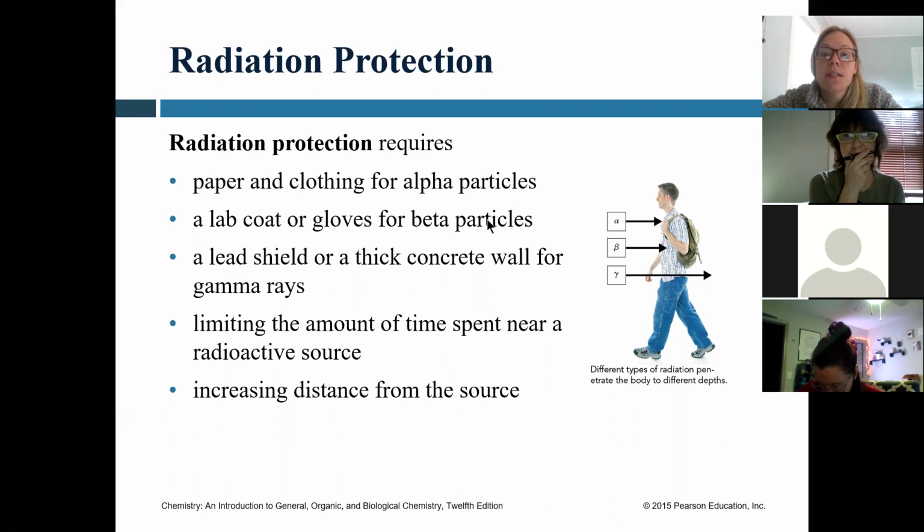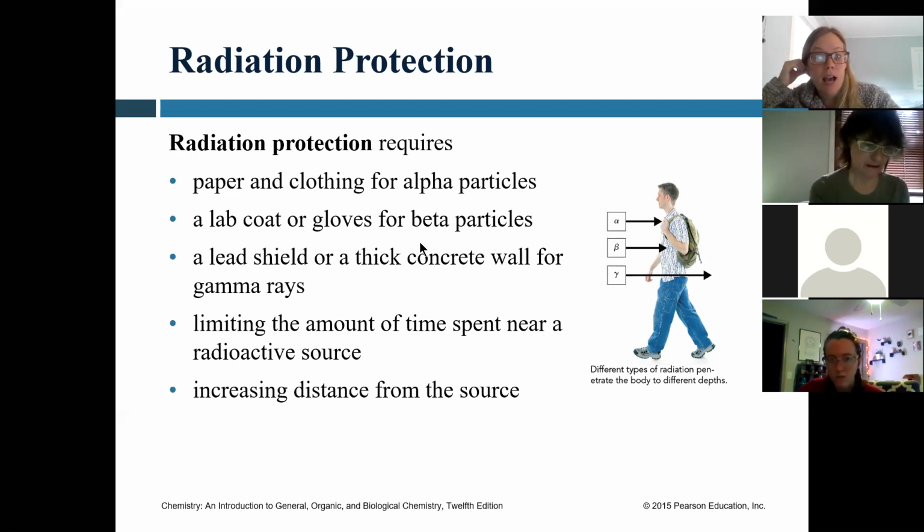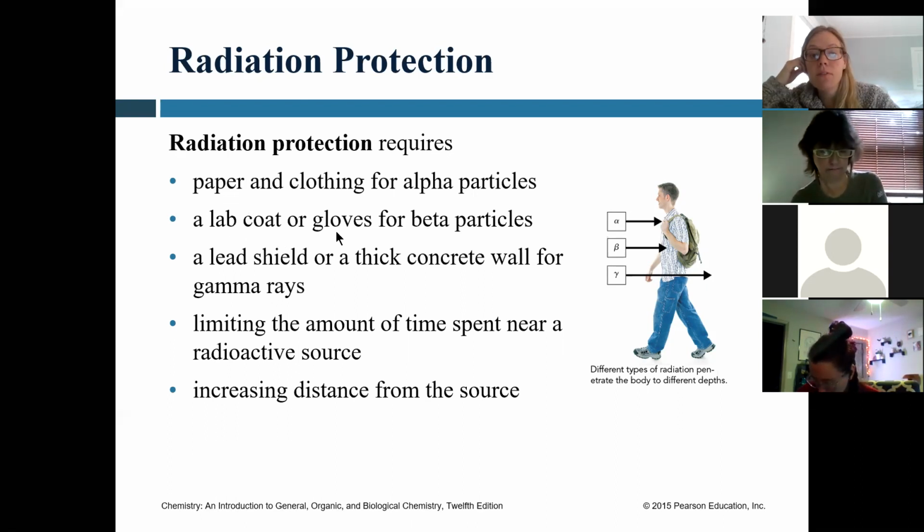If we're dealing with a little bit of a smaller particle, like a beta particle, which is again just a high energy electron, that can be stopped by a lab coat and gloves. A gamma ray is the highest energy, and remember, it's no mass and no charge, it's just pure energy.